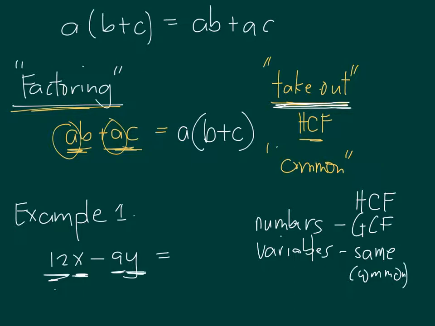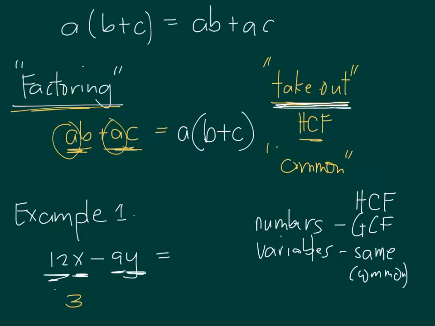Okay? So the highest common factor of 12 and 9 is 3. So I'll factor out the 3. Now for the letters, there is no common in x and y. They're not the same. So you cannot factor out x and you cannot factor out the y.